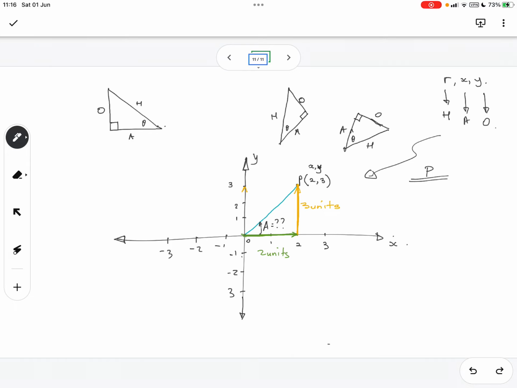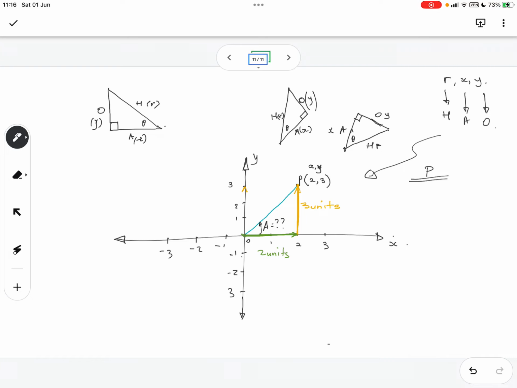This means that we can use these trig ratios exactly the same, because the opposite is the y value and the adjacent is the x value.